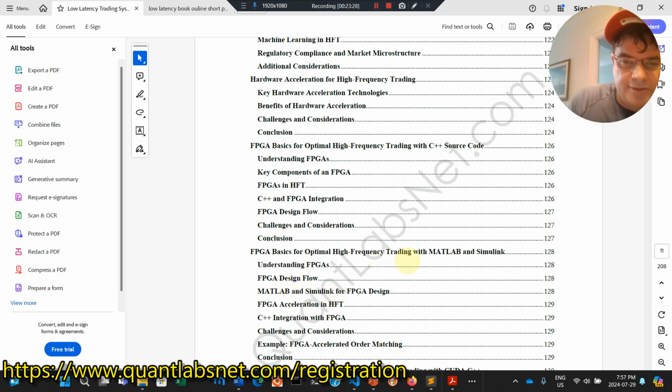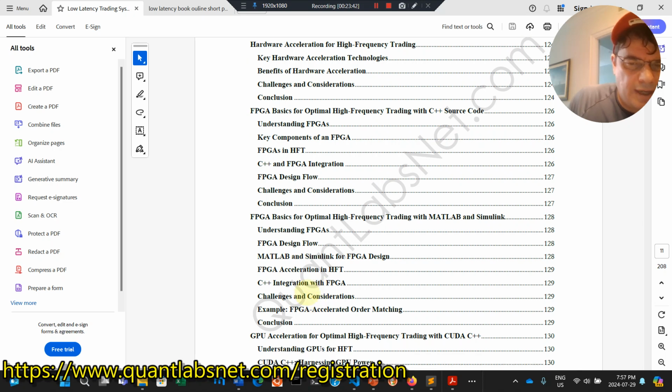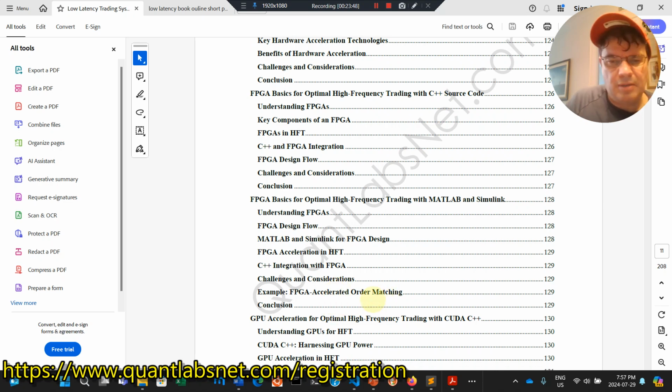So regarding Simulink and MATLAB, once again, understanding it, FPGA design flow, using the FPGA design within Simulink, how to accelerate it for HFT, how to integrate it, integration, and challenges and consideration examples as well, using, again, order matching.